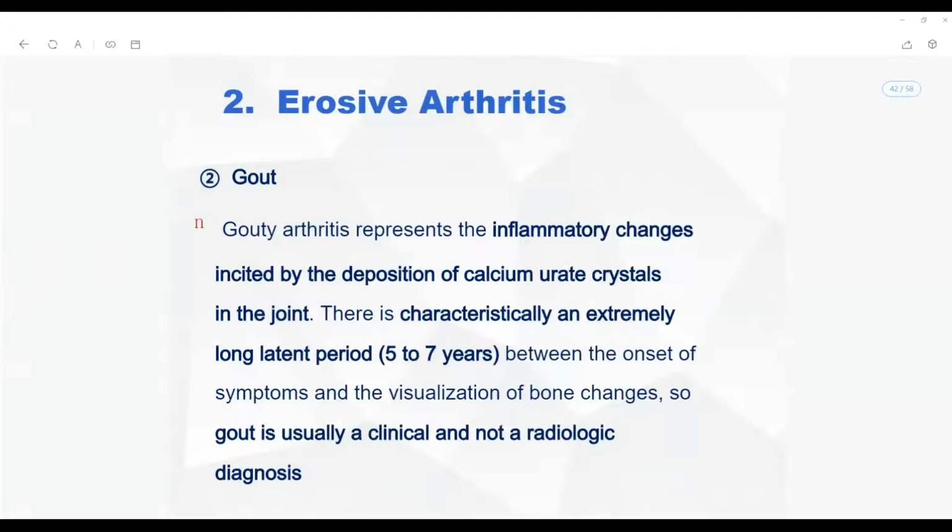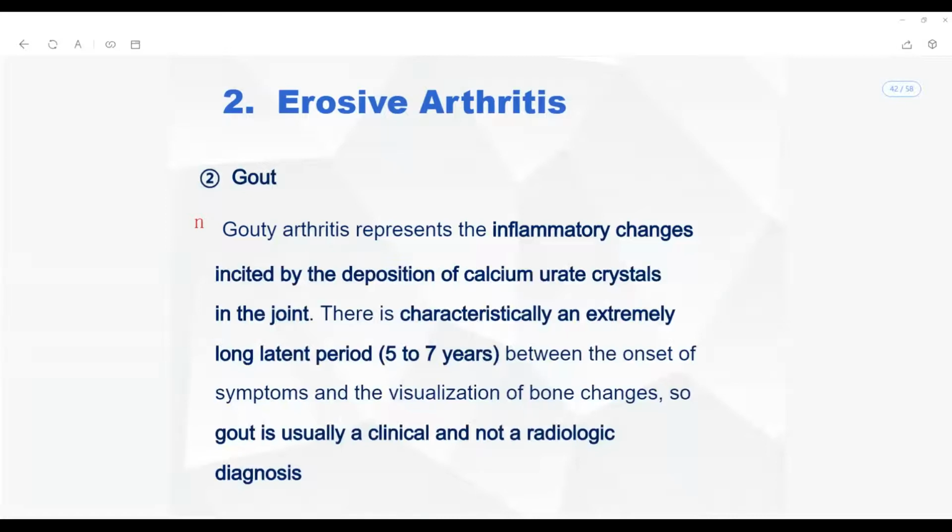But can you tell me what the drug of choice for gout is? Probenecid precipitates gout. That is true. Probenecid is also used in the treatment of gout.